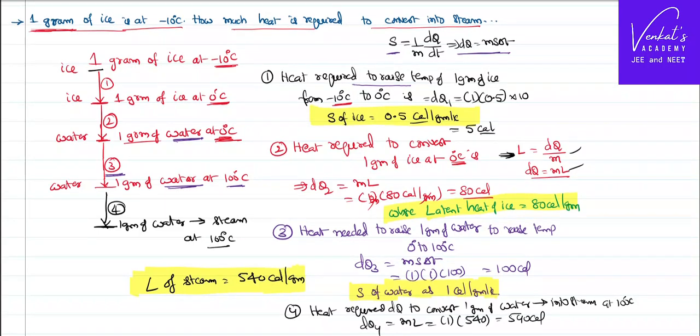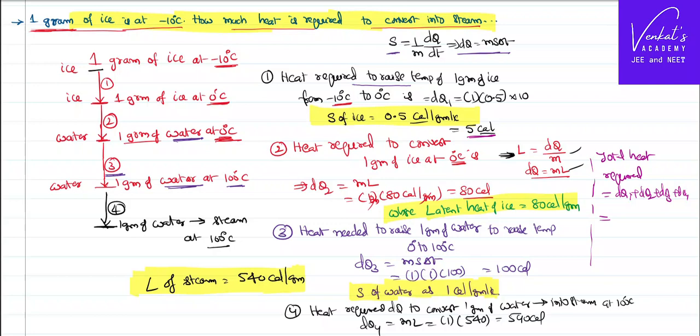So at different steps, we need different energies. What is the total heat energy required to do all this? That implies the total heat energy required to convert 1 gram of ice at minus 10 degrees centigrade to steam at 100 degrees centigrade is the Q1 of the first case, second case, third case, and fourth case. All of them have to be added.